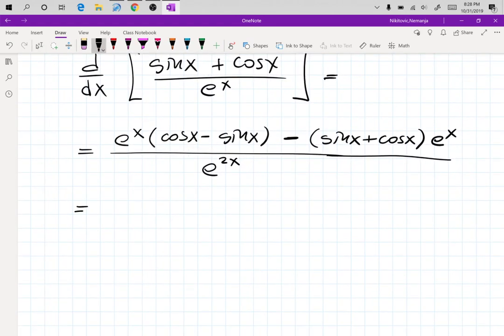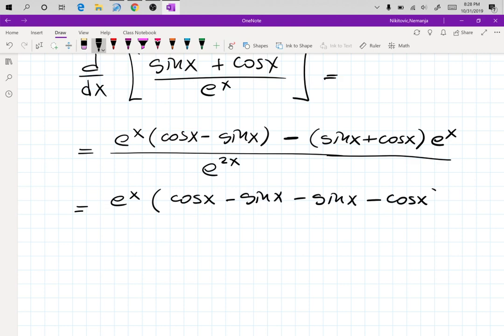Now we will put e to the x common factor, and I'll have cosine x minus sine x from the first parenthesis minus sine x minus cosine x from the second parenthesis. This minus will distribute to both, and that's how cosine becomes negative. Everything divided by e to the 2x.